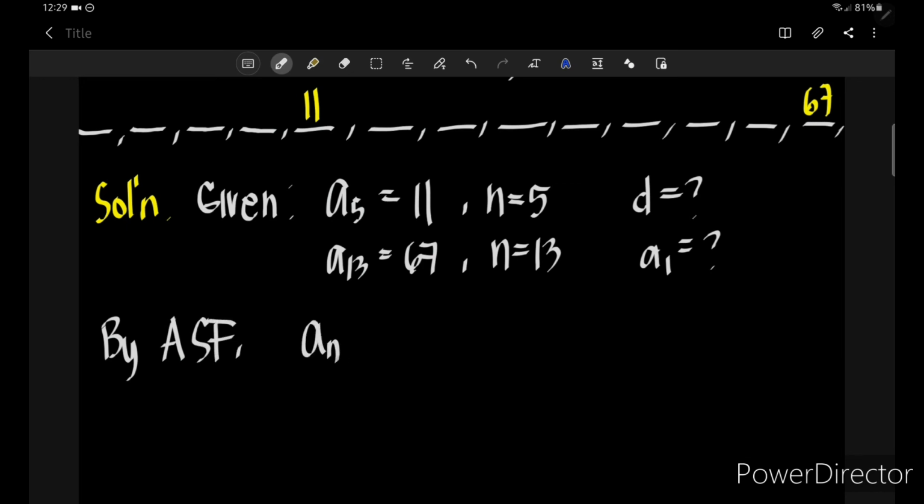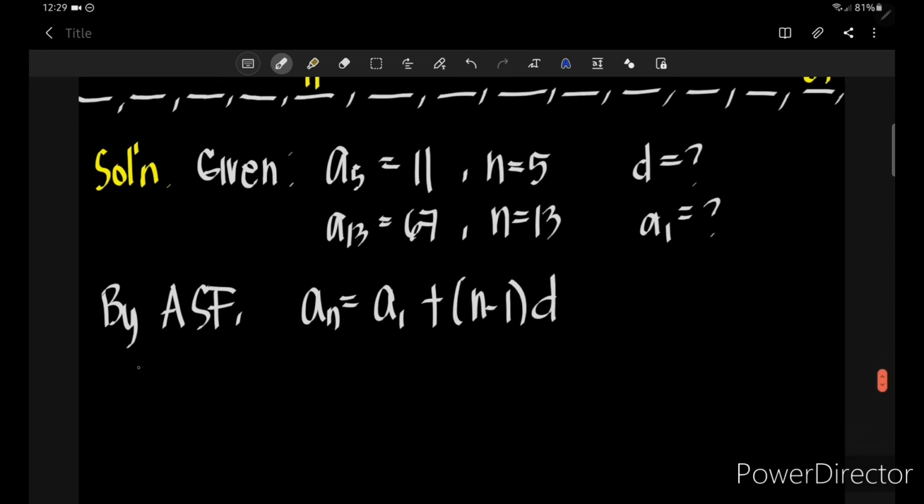We have a sub n equals a sub 1 plus quantity n minus 1 times d. A sub 5 equals a sub 1, which is unknown, plus n minus 1. If a sub 5 ang ating pagbabasihan, the value of n is 5. So, we have 5 minus 1 is 4. Then, d is also unknown.